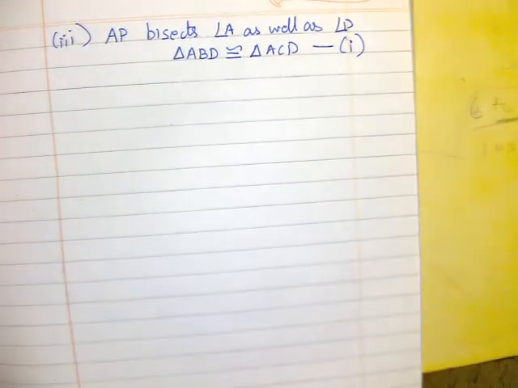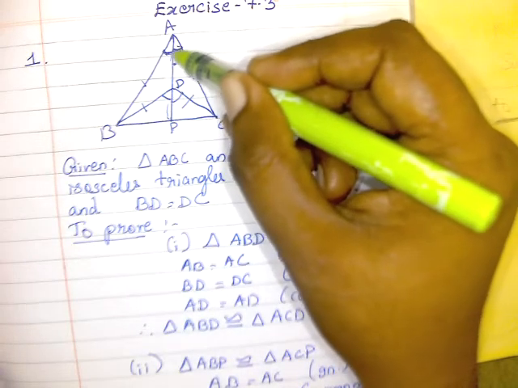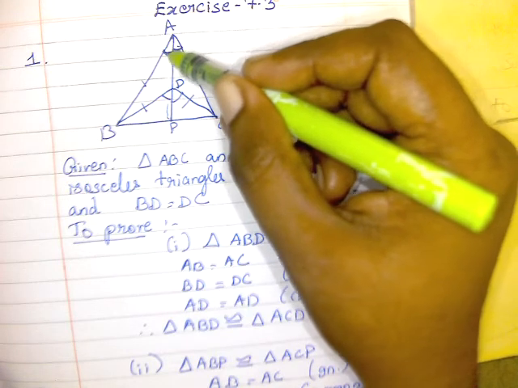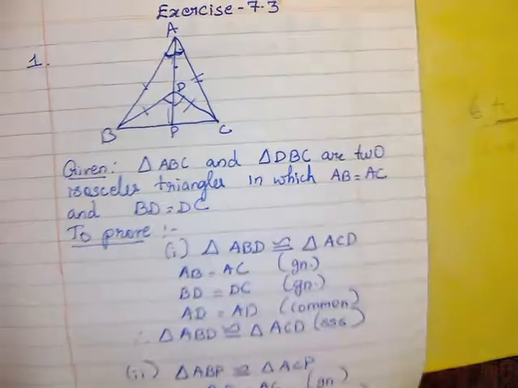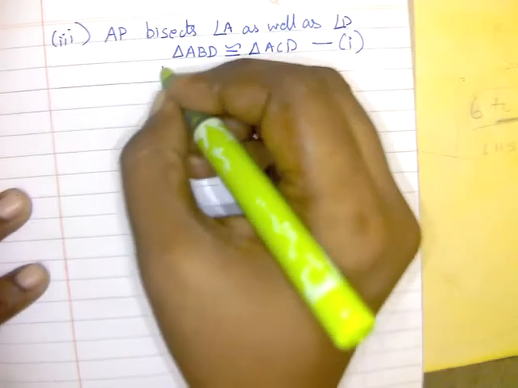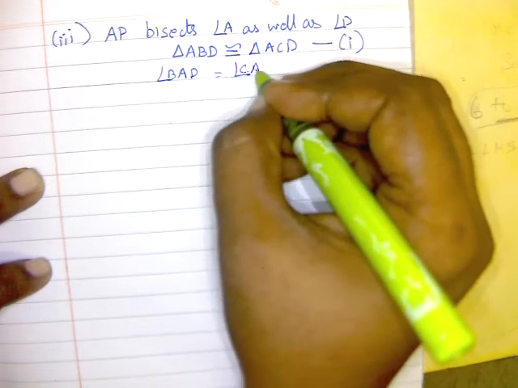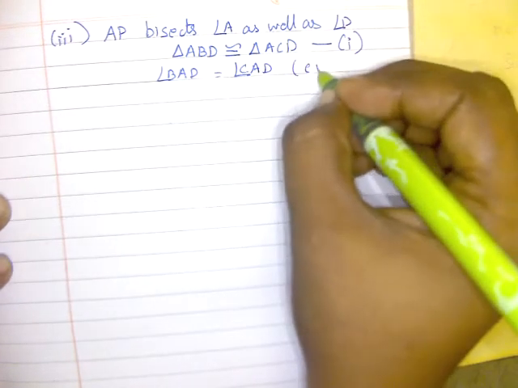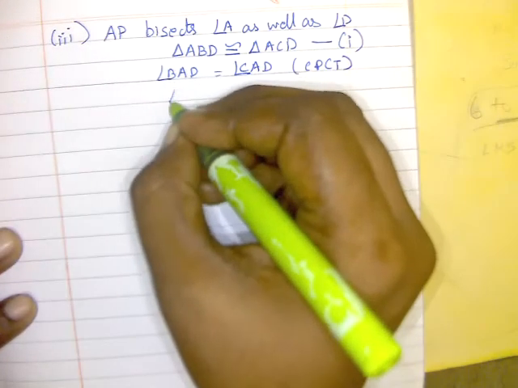Now, once you prove the two triangles are congruent, you can say the two angles are equal by CPCT. Am I right? Which two angles? Angle BAD is equal to angle CAD. So I am writing here angle BAD is equal to angle CAD. That is CPCT.